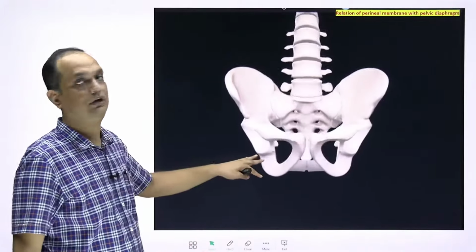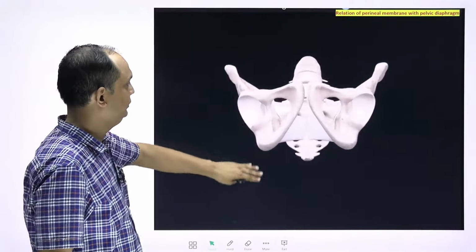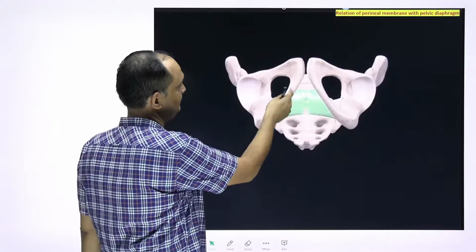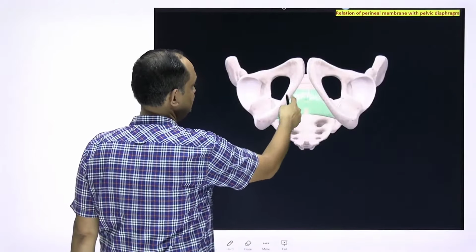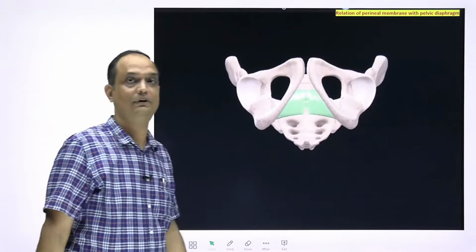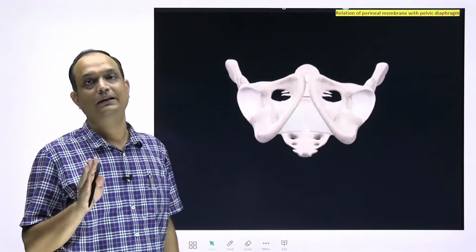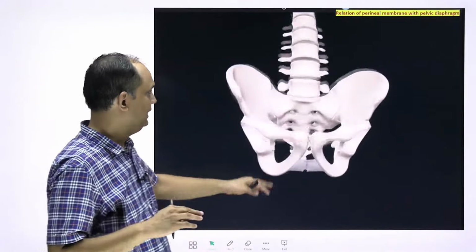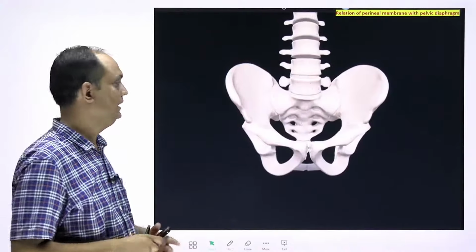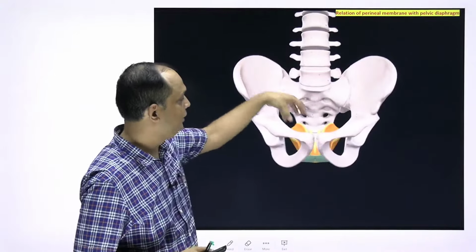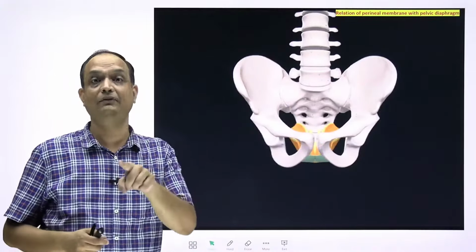This is the anatomical position. Now you are rotating it to the anterior aspect, and you can appreciate the inferior covering of the urogenital diaphragm, which is known as the perineal membrane. Now we make it neutral again, and you will see the placement of the muscles forming the pelvic diaphragm.